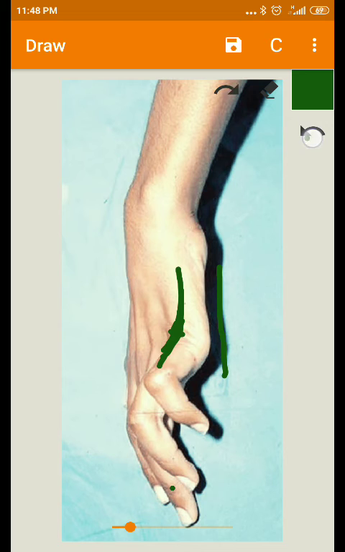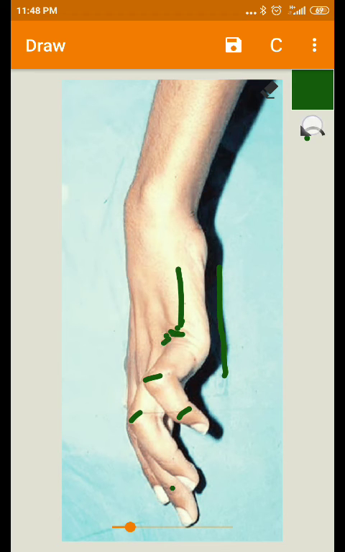So the little finger and the ring finger show hyperextension at the metacarpophalangeal joints and flexion at the interphalangeal joints.